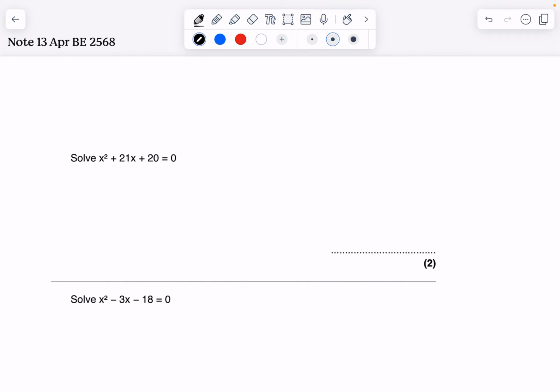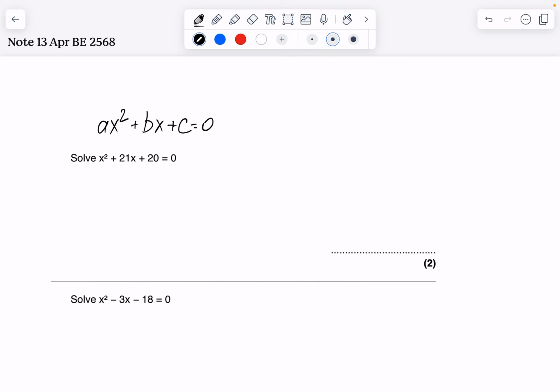So the very first basic example, x squared plus 21x plus 20. The generic form for this type of quadratic equation is ax squared plus bx plus c equals 0. In this case, your a is 1, your b is 21, and c is 20.